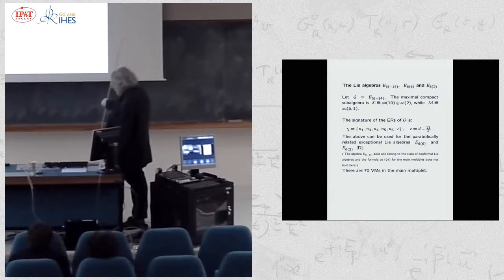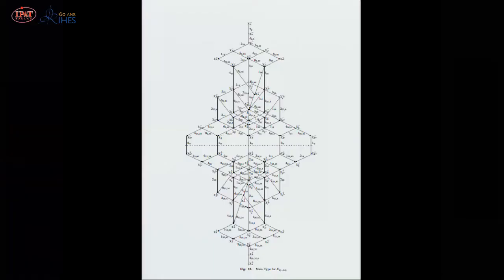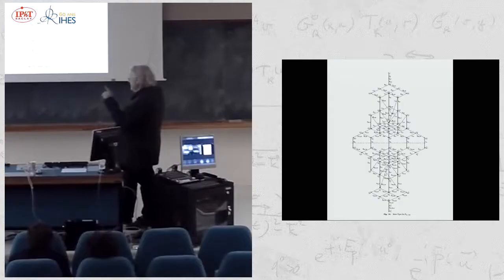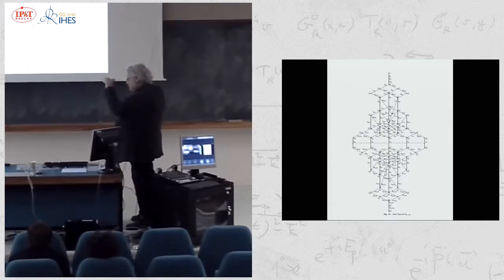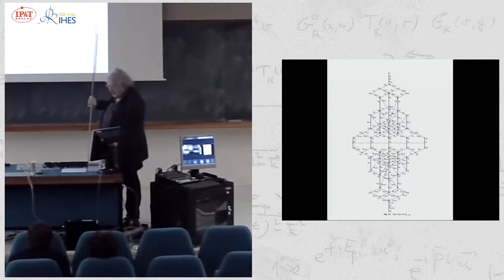There are 70, should be 72 by that formula, it's not valid. And here it is, now you can see the picture is different. There was a symmetry in all of the diagrams. There was a symmetry with respect to a bullet which was written, and I didn't explain it before. Actually, the bullet has a very important property.